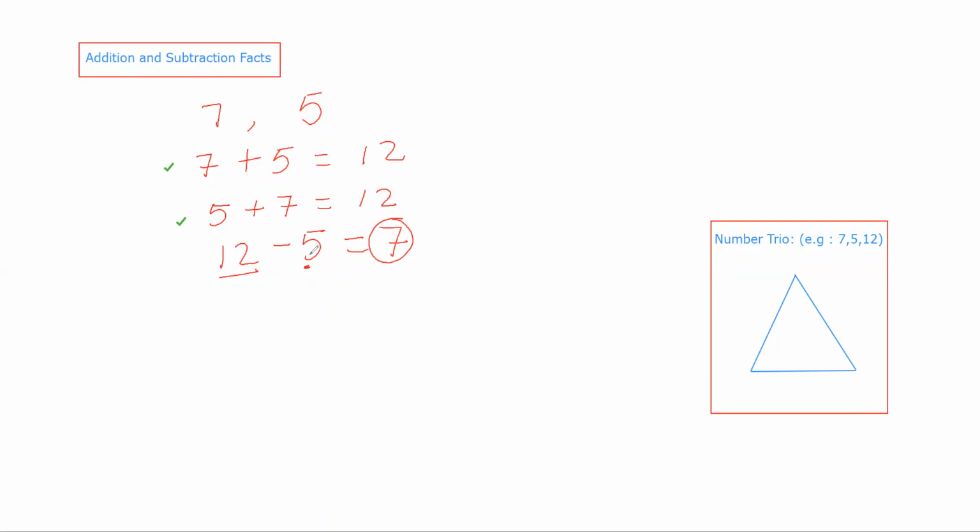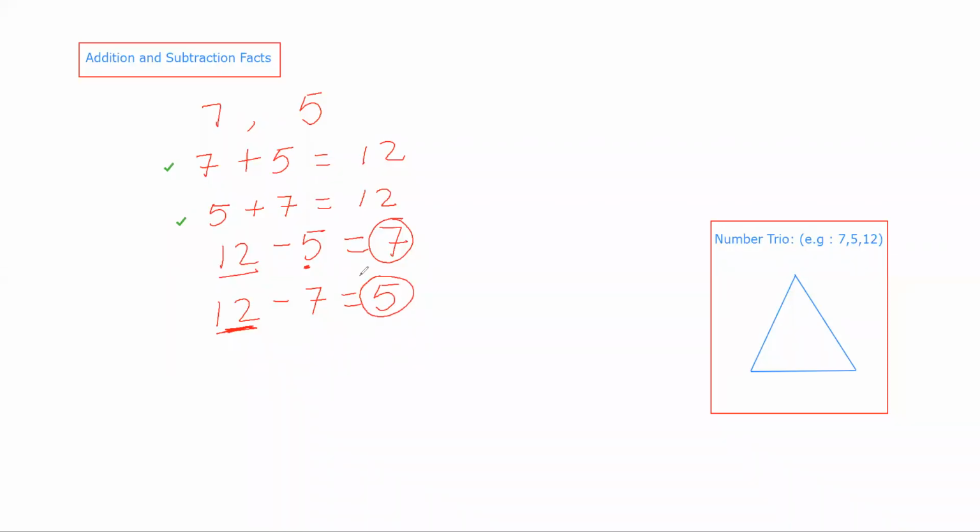So 12 minus 5 gives you 7. Also, 12 minus 7 will give you 5. So the rule is again the same: take the biggest number from the number trio and subtract one smaller number to get the other smaller number.